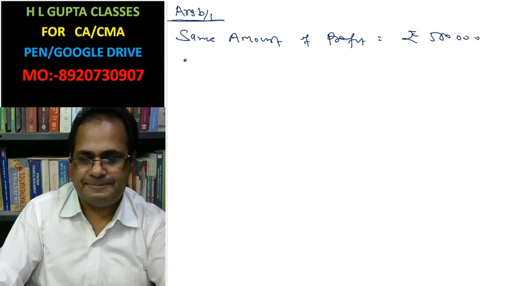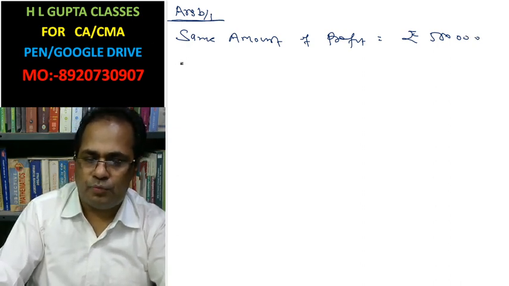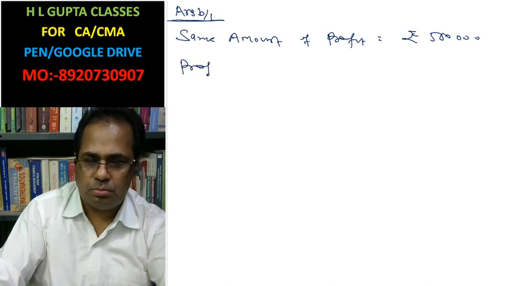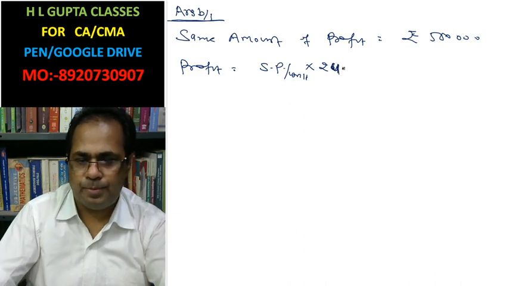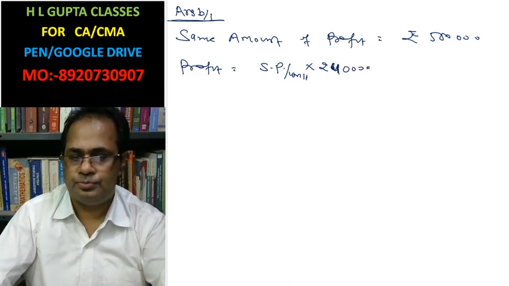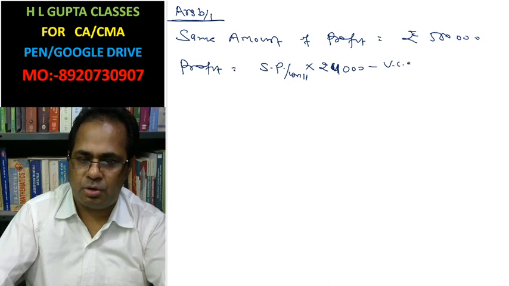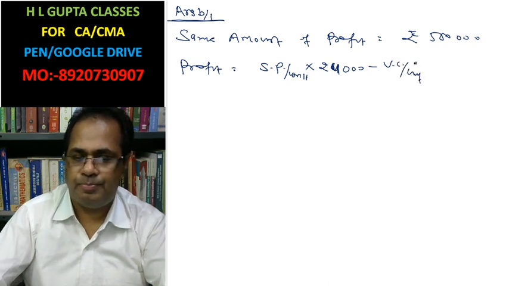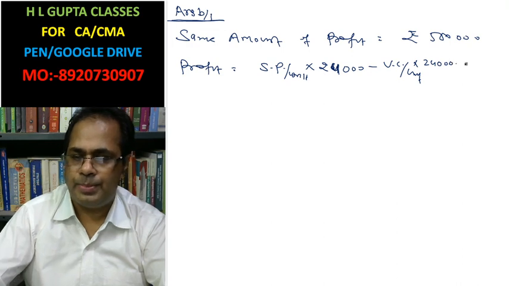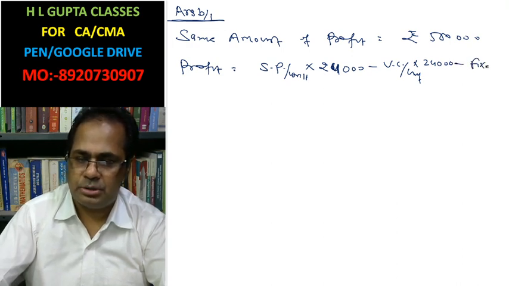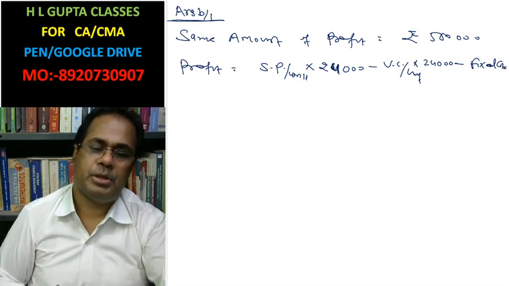In this case, profit equals selling price per unit into 24,000 minus variable cost per unit into 24,000 minus fixed cost. This is the formula.